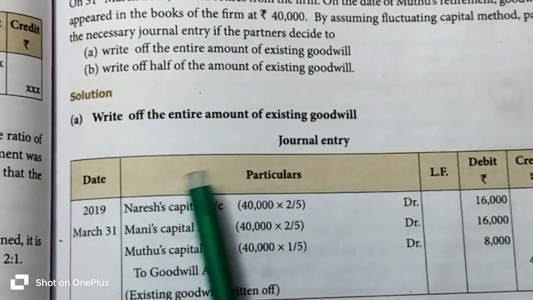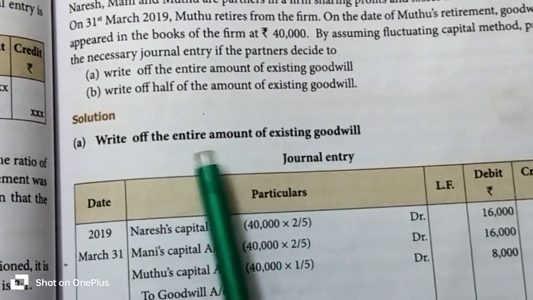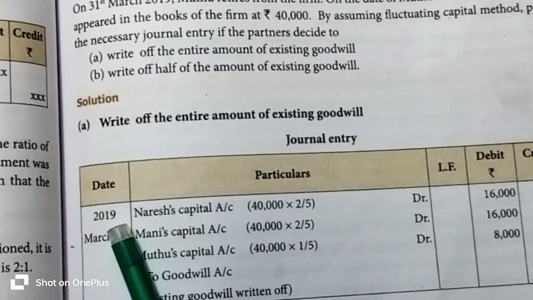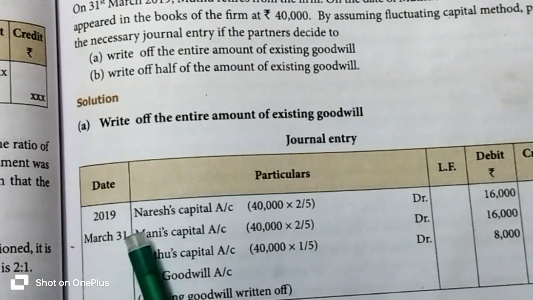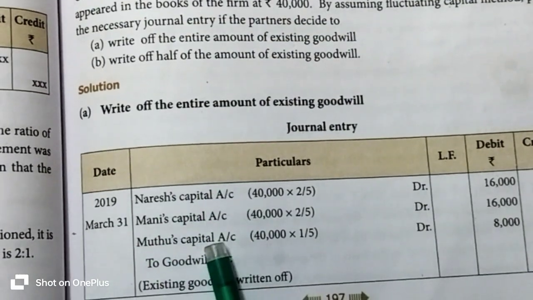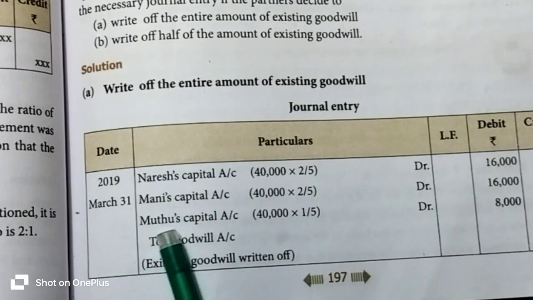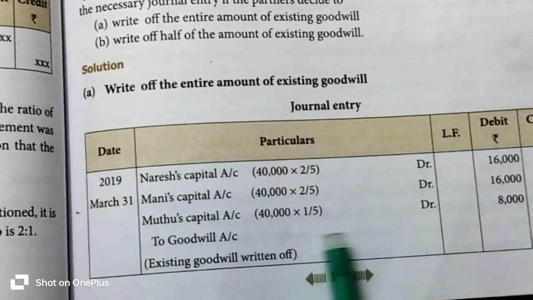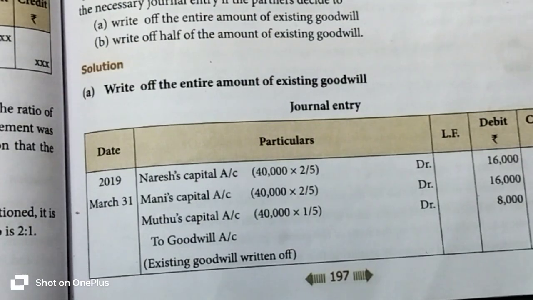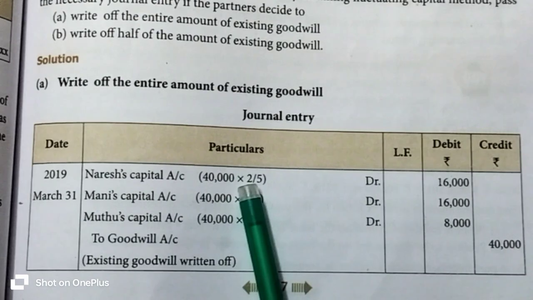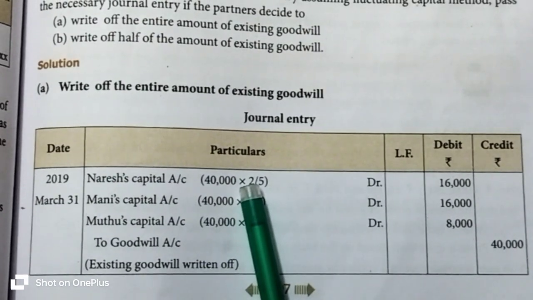Okay, so let's pass the journal entry for the first method. 2019 March 31, all partners' capital accounts debit to goodwill account. Who are the all partners? Naresh's capital account, Mani's capital account and Muthu's capital account debit to goodwill account. How much? 40,000 rupees, transferred to all partners' capital accounts in the gaining ratio, which means the old profit sharing ratio.